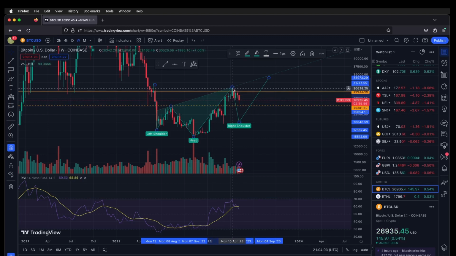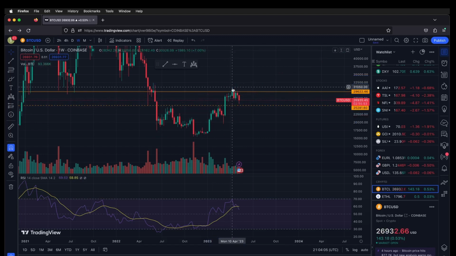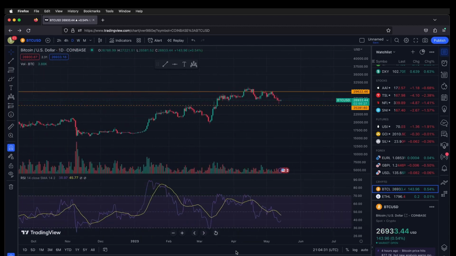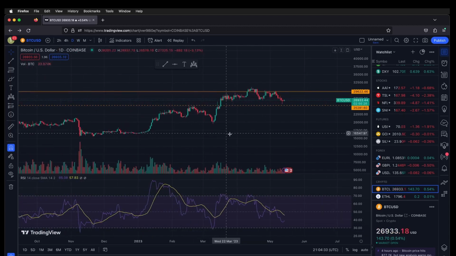All right, let's get rid of this so that we can see this better. And once again, this is on the weekly chart. So typically the weekly trends are stronger than, say, a daily trend or an hourly trend or the shorter term trends. Let's take a look at the daily. All right.